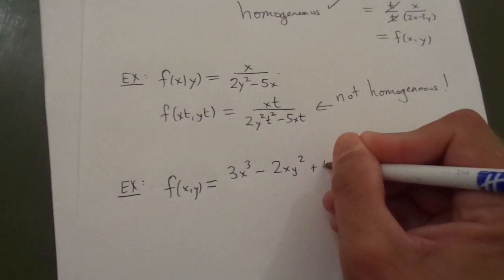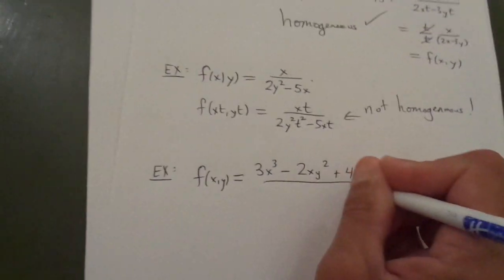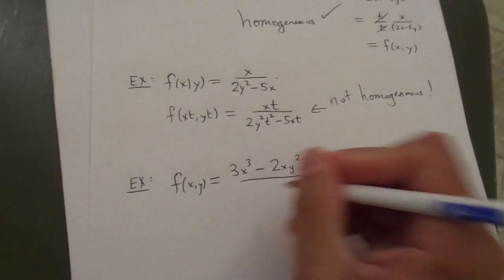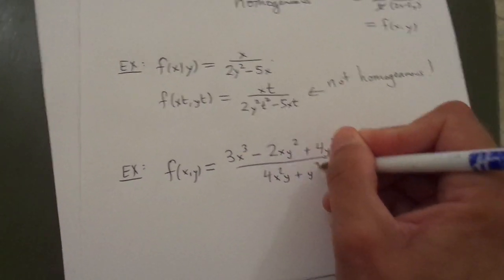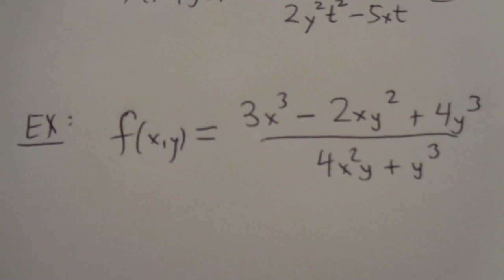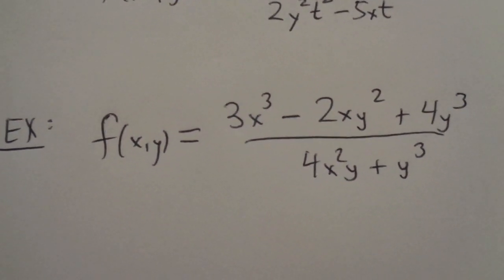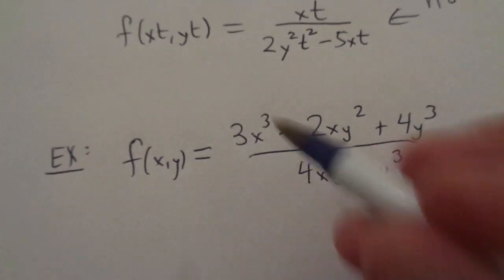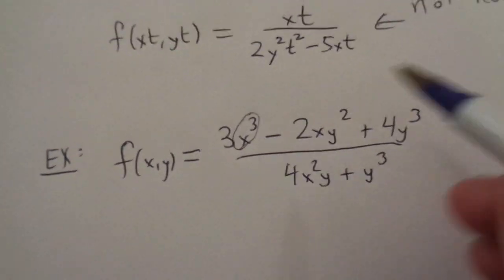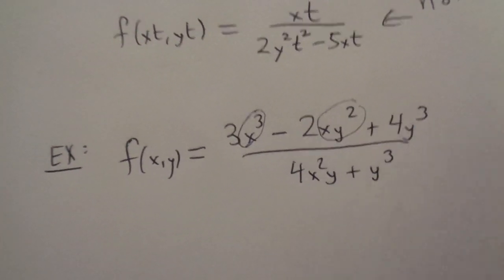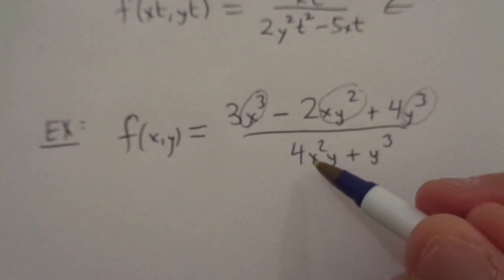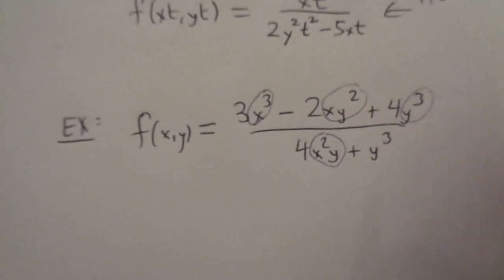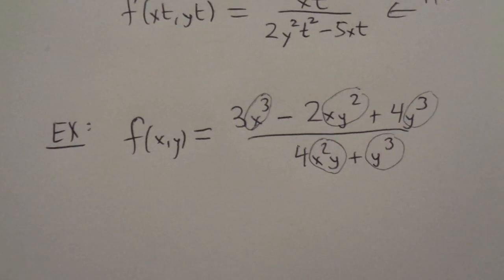okay, just to give you one more example of it, if you had a function like that, look at the weight of every single one of those terms. There's 3 x's here, there's 1 x and 2 y's here, and there's 3 y's here. On the bottom, 2 x's and 1 y, and 3 y's.